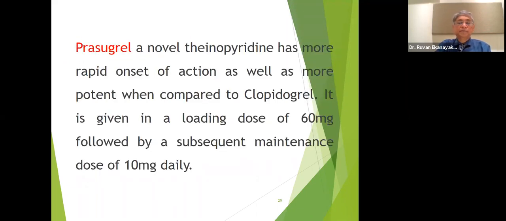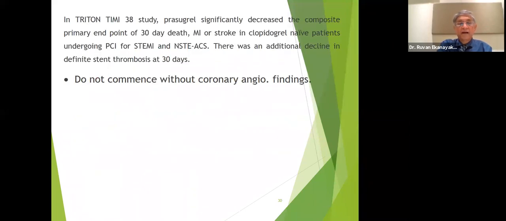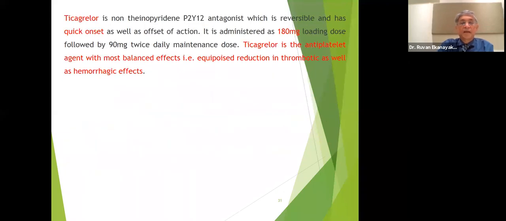Prasugrel is another thienopyridine derivative, which has a more rapid onset of action than clopidogrel, and may be used as 60 milligrams followed by 10 milligrams daily. The new ISAR-REACT 5 trial found that prasugrel is in fact superior to ticagrelor in acute coronary syndromes, and therefore it may be used, and it is available in this country.